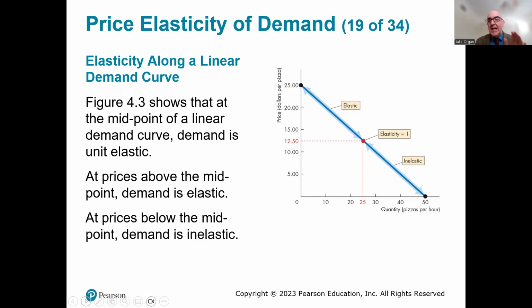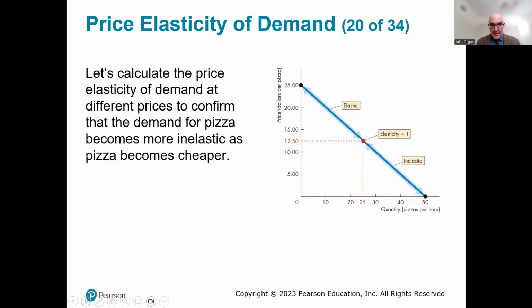Now, just finally on this area, we realize that elasticity changes along a line. Now, you don't need to understand this. This is very, very mathematical. But on a straight line, it's usually going to be more elastic towards the top. It's going to be unit elastic in the middle and inelastic towards the end. We could work this out mathematically. If you want to do the midpoint formula, you can try and do it on this line.